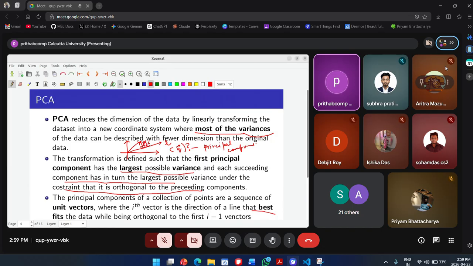This perpendicular distance is di, the distance of xi to the line. So I want to minimize this distance di.